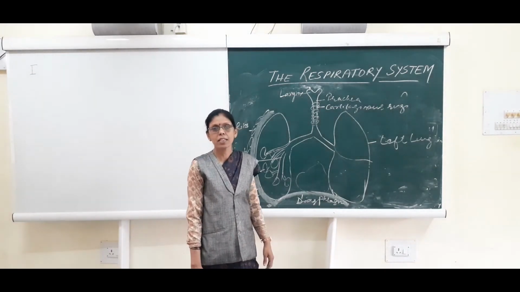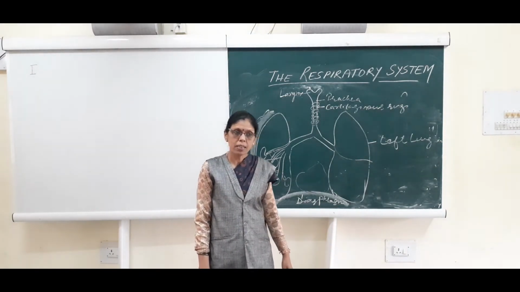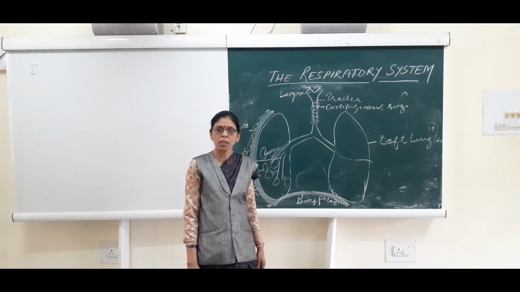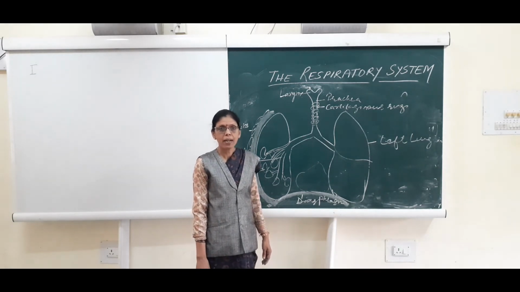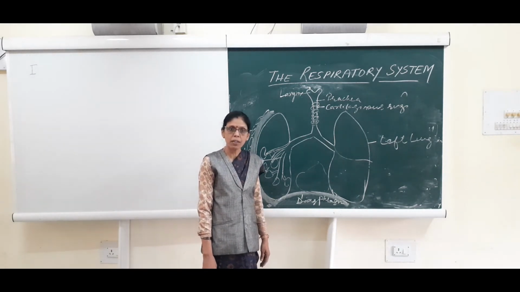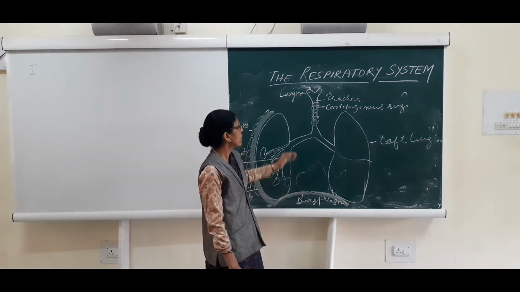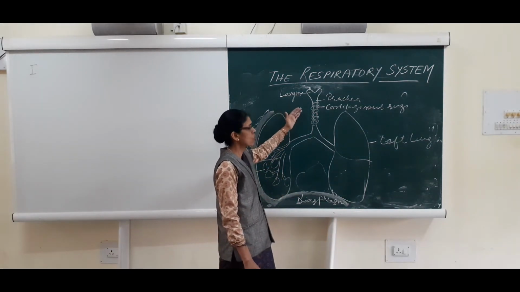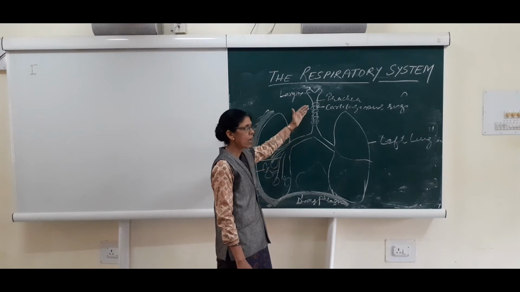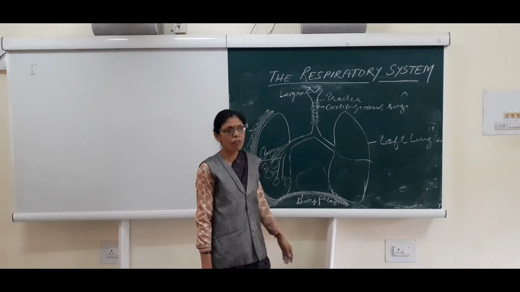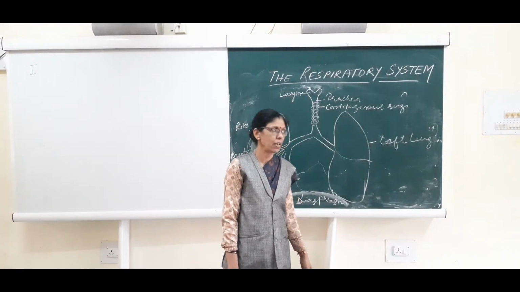This system is made up of organs. In the same way, the process of respiration is also carried out by a system called the respiratory system, and this system comprises various organs which enable the process of respiration that we have studied.